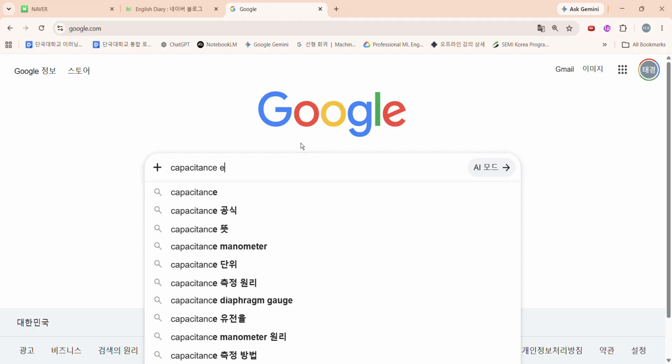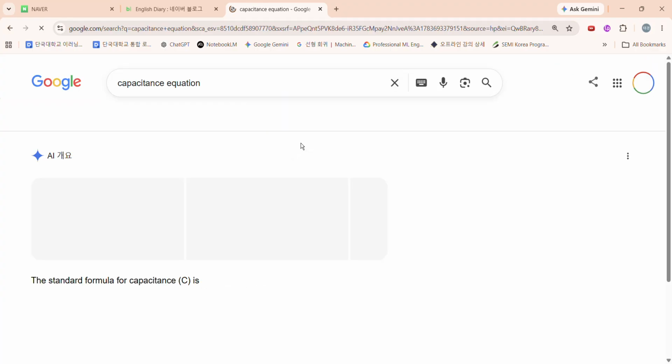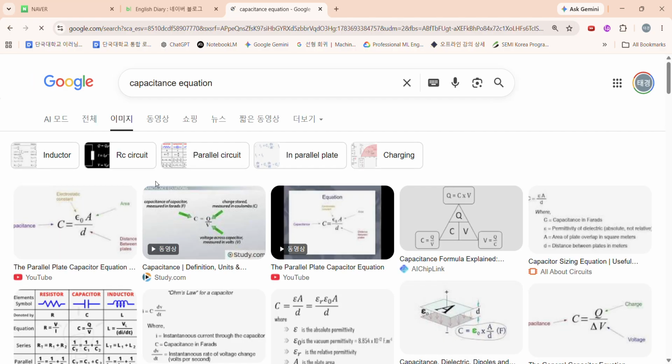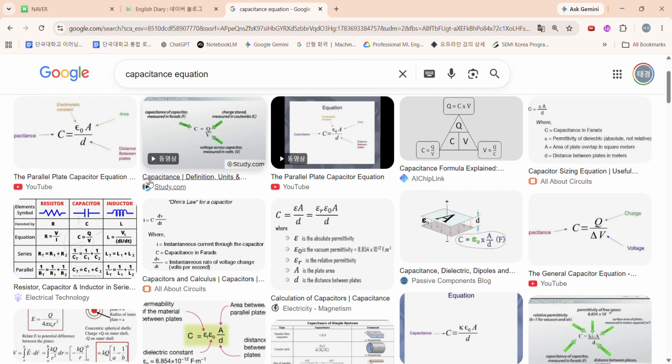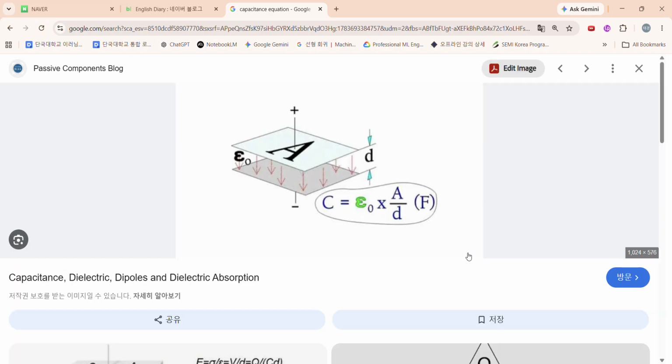Capacitance equation. Yeah, capacitance equation like this. Capacitance is epsilon times A over d.